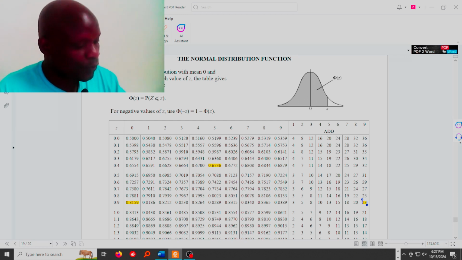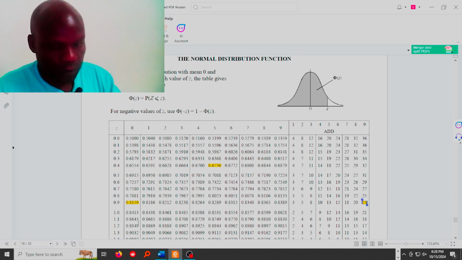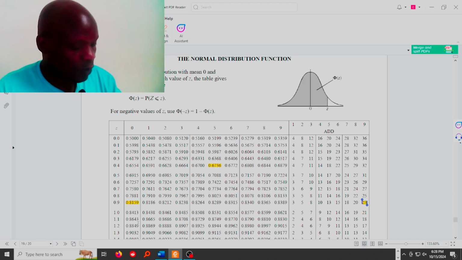And so the probability that we just got when Z was 0.9091, we subtract it from 1 to give us the right probability here. So 1 minus 0.8182 or 0.8186, as we found it there, should give you about 0.1814. And that's the corresponding probability that corresponds to a Z reading of negative 0.9091.